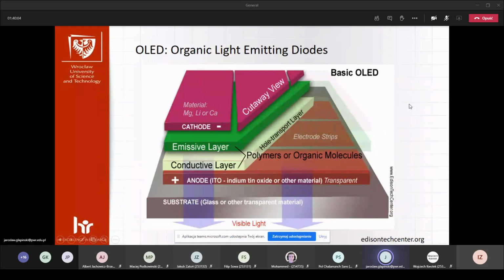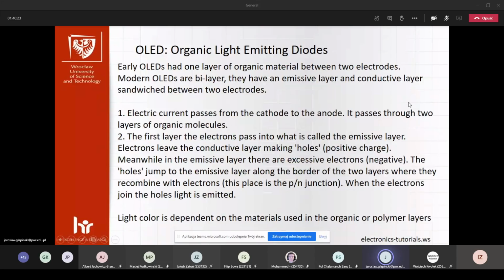Nowadays it's more in our cellular phones or televisions, because they have higher properties than the LED ones. These are some theories of how it works.